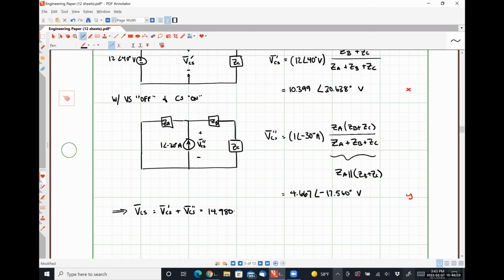14.980 angle 9.091. Let me make sure that I stored that other thing as X correctly earlier because I don't think that I did. Yep, I absolutely didn't. Let me fix these. Sorry. 13.951 angle 16.198.